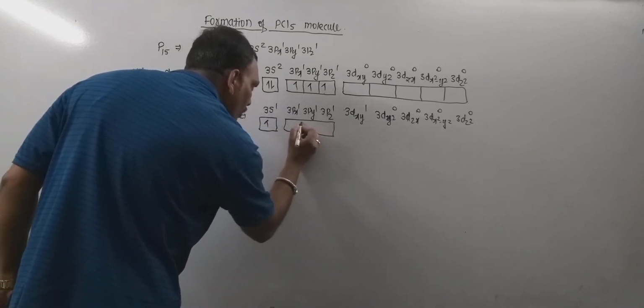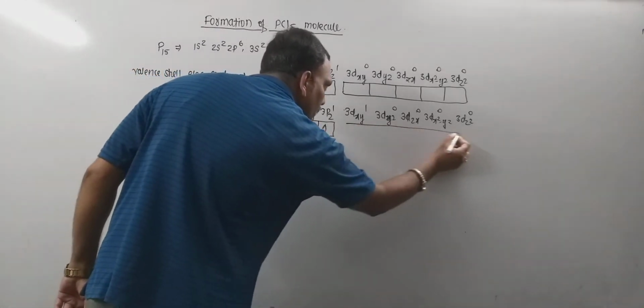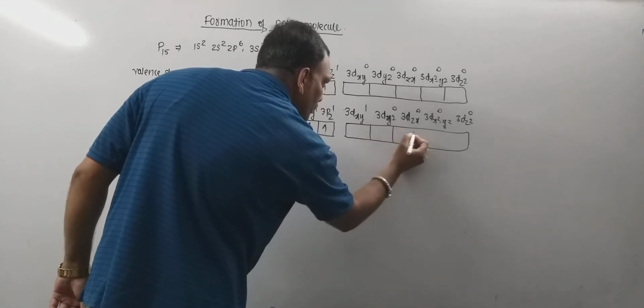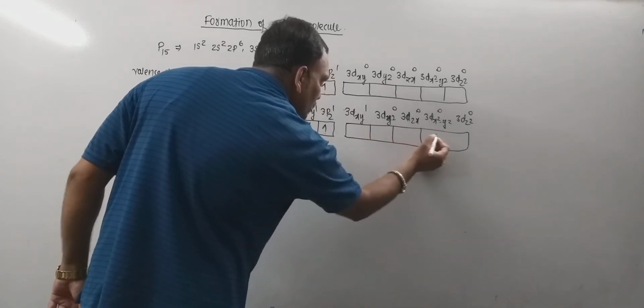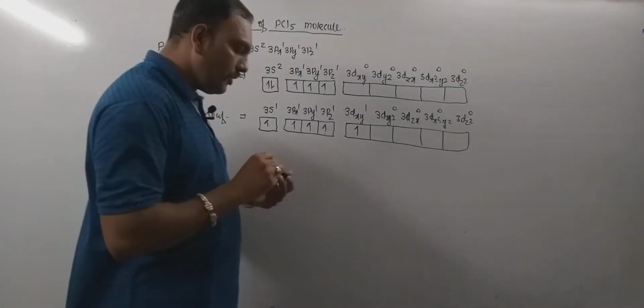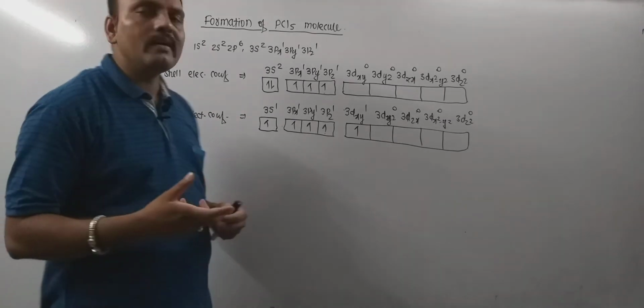So this is the box diagram for the excited state electronic configuration of phosphorus.